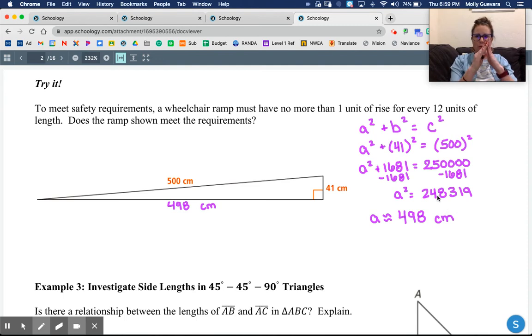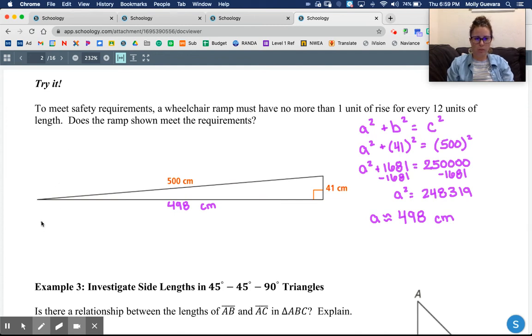Okay, so over 498 centimeters, it goes up 41 centimeters. So I need to make sure, right, that each centimeter of increase is 12 centimeters or more of forward movement on the ramp.